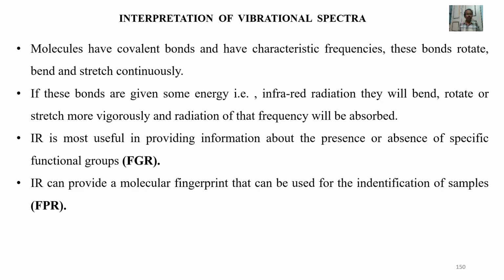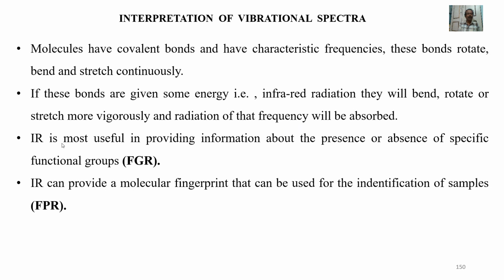Molecules have covalent bonds and have characteristic frequencies. These bonds rotate, bend, and stretch continuously. If these bonds are given some energy, that is infrared radiation, they will bend, rotate, or stretch more vigorously, and radiation of that frequency will be absorbed.